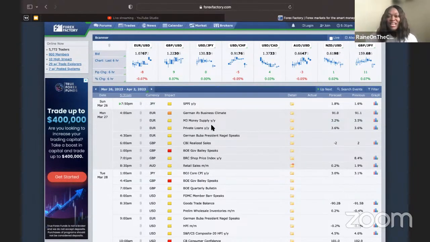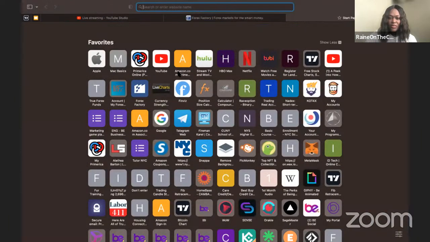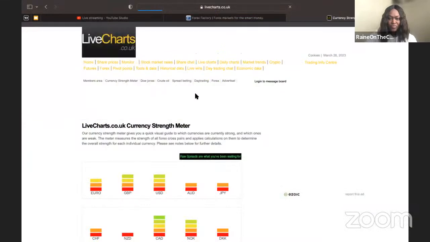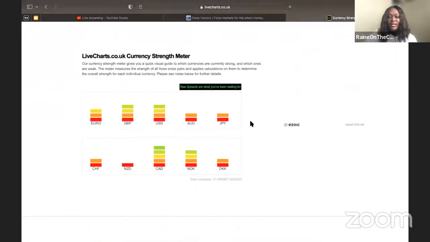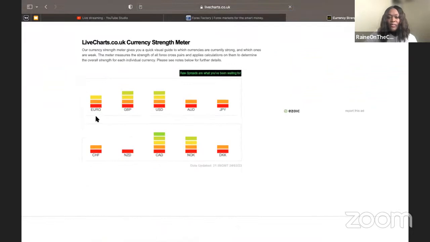So first thing is I check the news and then I am going to go to currency strength. I'm going to go to livecharts.co.uk. And there, I need to figure out what I'm going to buy, what I'm going to sell.